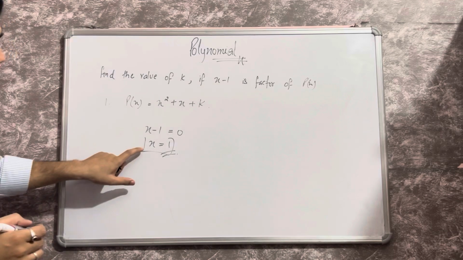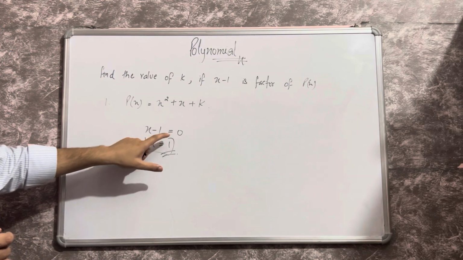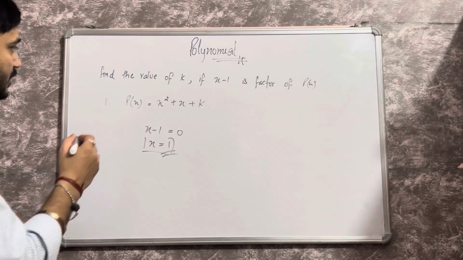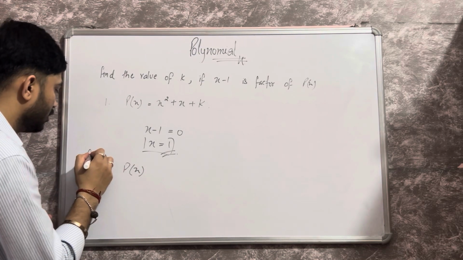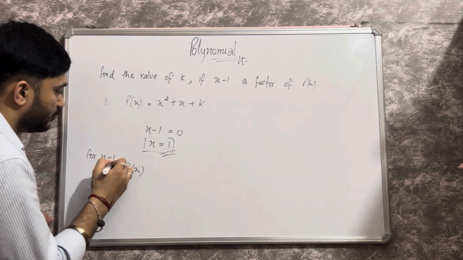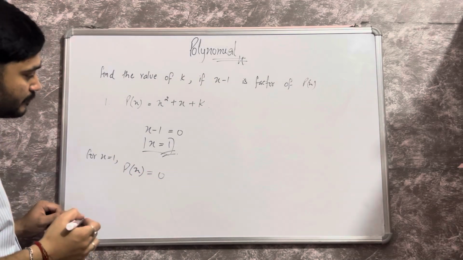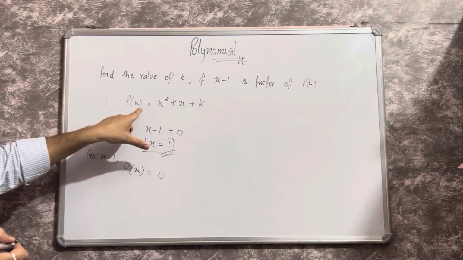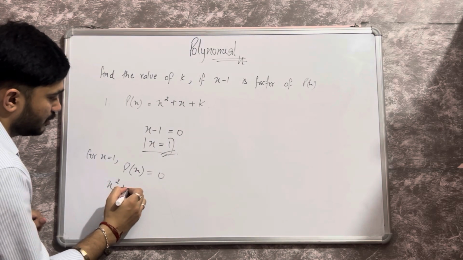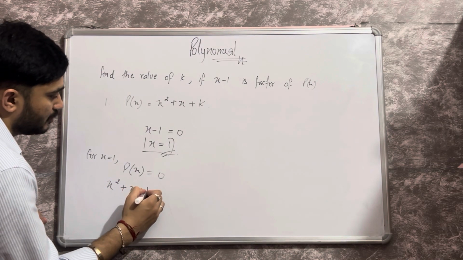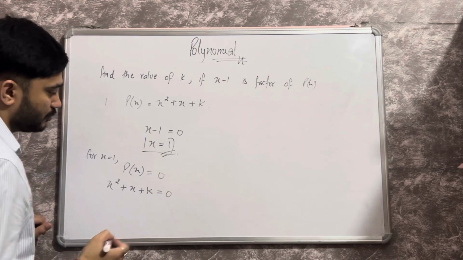Since it is already confirmed that x minus 1 is a factor of p of x, it means that the value of p of x for x equal to 1 is 0. Now put the value of p of x here, that is x square plus x plus k equal to 0.